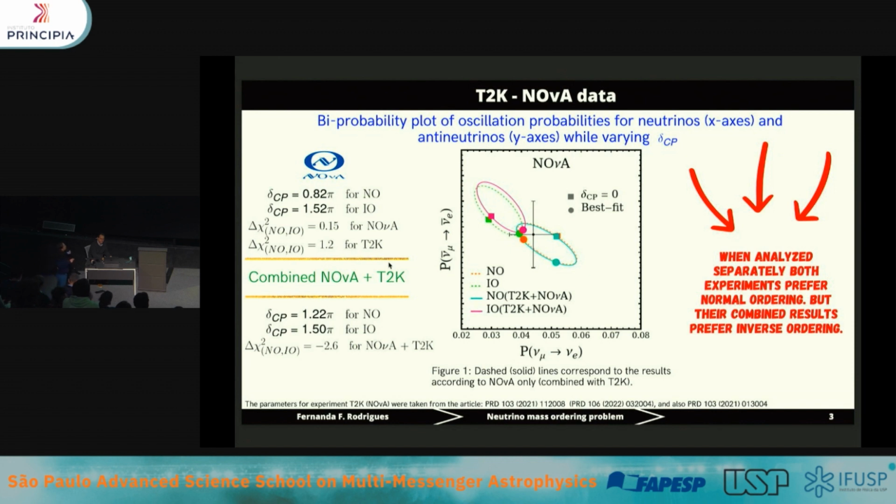The colored dots are the best fit for the charge parity phase, and the black dot is the statistical result. And what we see here is that when analyzed separately, both experiments prefer normal ordering, but their combined results prefer inverted ordering.